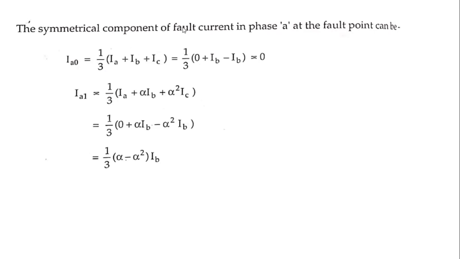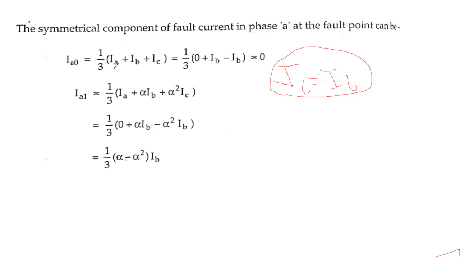Therefore, IC is equal to minus IB. We substitute this IC value in the formula. Then the equation can be written as 1 by 3 into, what is the IA value?